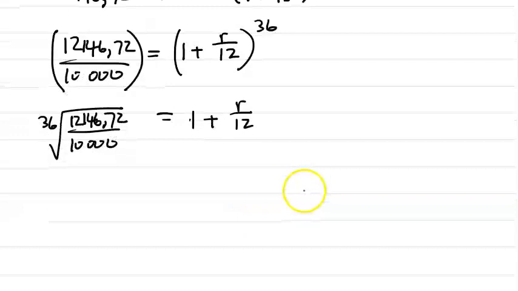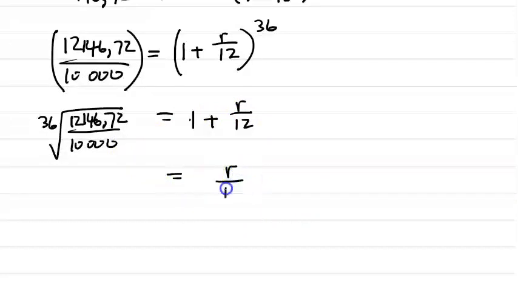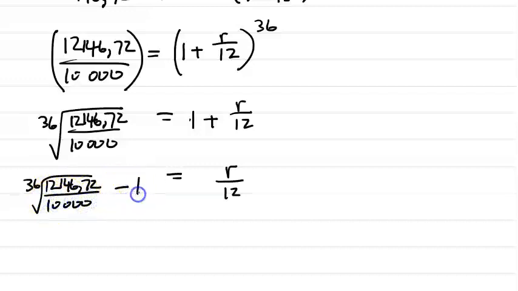So now, as you can see, we are going to solve for R. So looking at that, we'll say R over 12 is going to equal the 36th root of 12,146 Rand and 72 cents all over 10,000, minus 1.